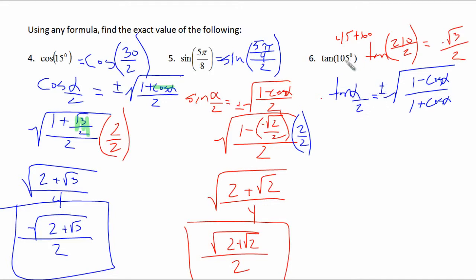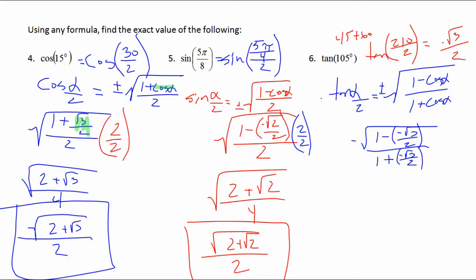Since we're looking at the tangent of 105 degrees, which is in the second quadrant, the tangent is positive over negative, so it's still going to be a negative on the output, so I'm going to hang that out there. And I have 1 minus the negative radical 3 over 2, all over 1 plus negative radical 3 over 2.